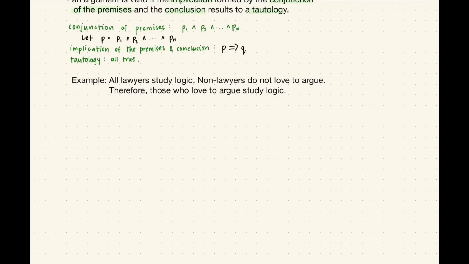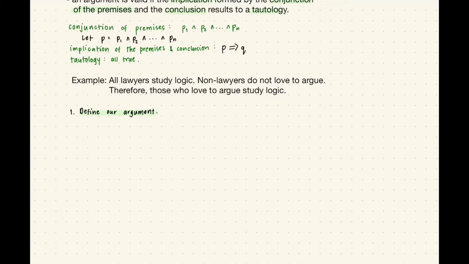All lawyers study logic. Non-lawyers do not love to argue. Therefore, those who love to argue study logic. Okay, so let's look at it this way. The first thing that we need to do is to define our argument. Okay, so let's break down our argument.